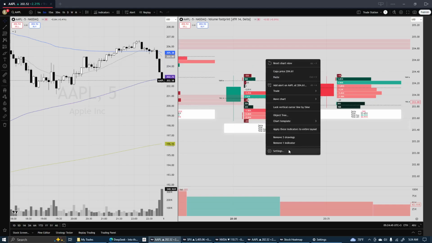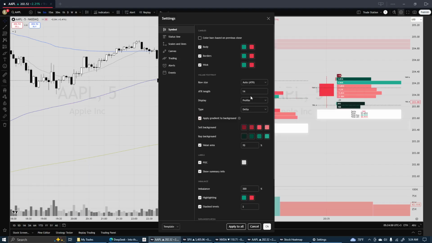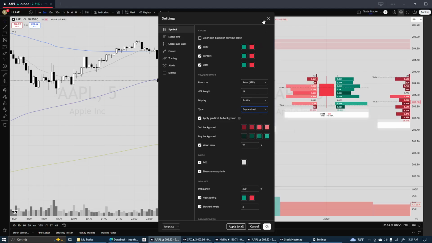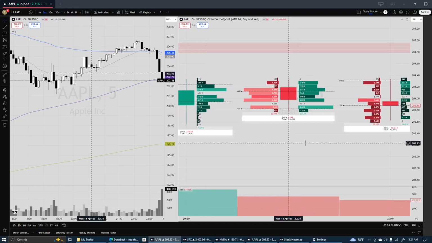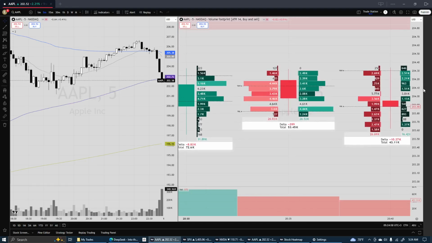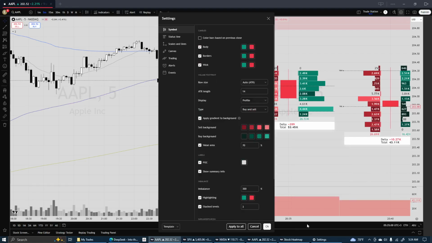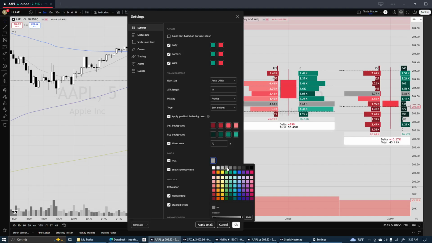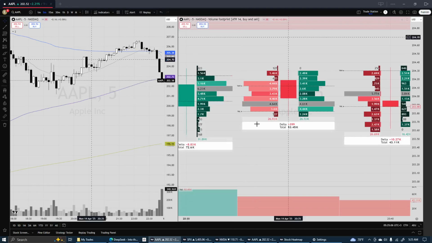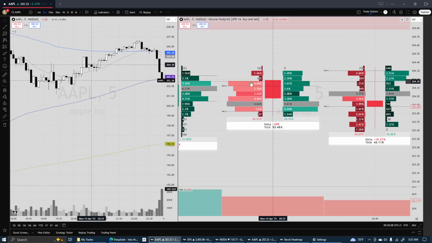Let's actually look into this candle and try to observe what's happening. If we try to look into this candle, let me change the color darker, and we look here.